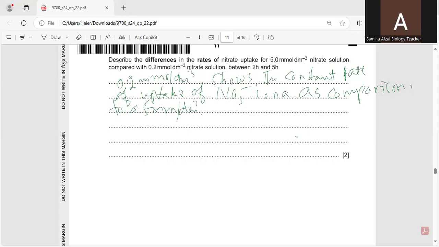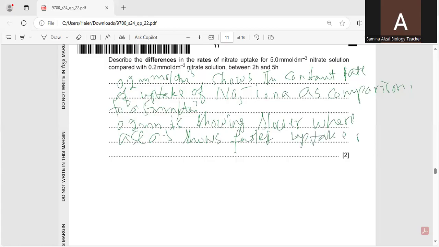The other, you can say, is very slow: 0.2 is showing the slower rate, whereas the 0.5 shows the fastest uptake rate. So in this way, both show different results.